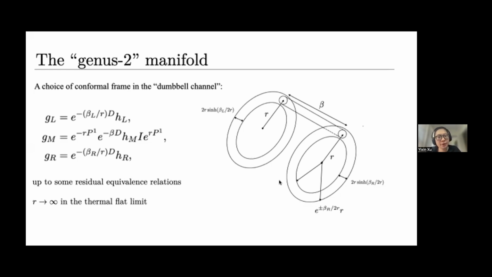So the two SO(d-1) spheres will become flat space. But the distances between the inner sphere and the outer sphere will become beta L and beta R, which remain finite. So if you take the R goes to infinity limit in this picture, what you end up with is an H shape, with the cylinder with length beta connecting two very thin cylinders on the left and on the right.